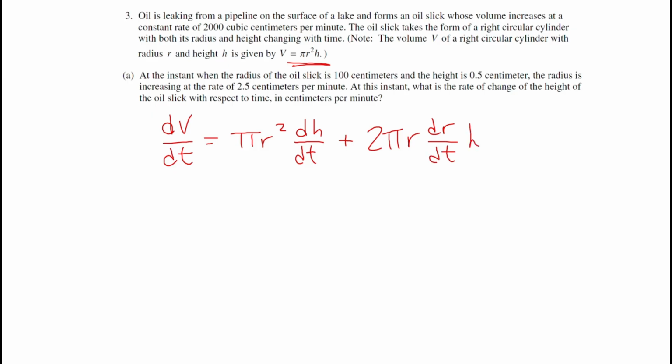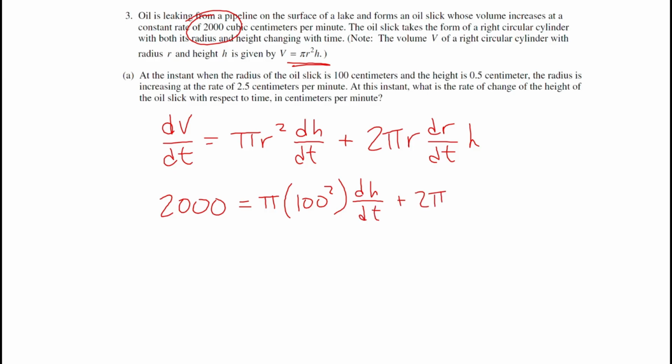So we know that dV/dt is constant at 2,000. We know that at the time we're interested in, the radius is 100, so we've got 100 squared here. We've got a dh/dt. That's what we're looking for, right? How fast is the height changing?